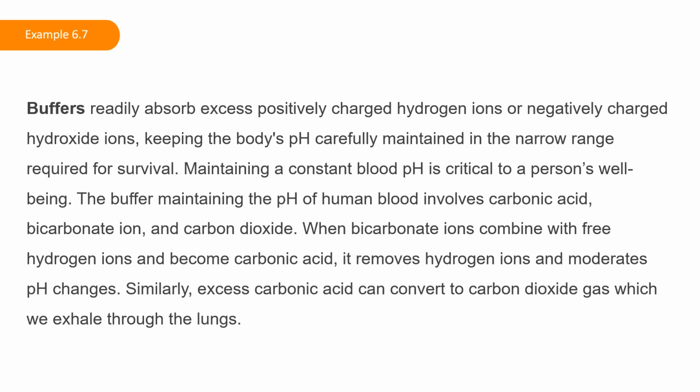This prevents too many free hydrogen ions from building up in the blood and dangerously reducing the blood's pH. Likewise, if too many negatively charged hydroxide ions enter the system, carbonic acid will combine with them to create bicarbonate, lowering the pH. Without this buffer system, the body's pH would fluctuate enough to put survival in jeopardy.